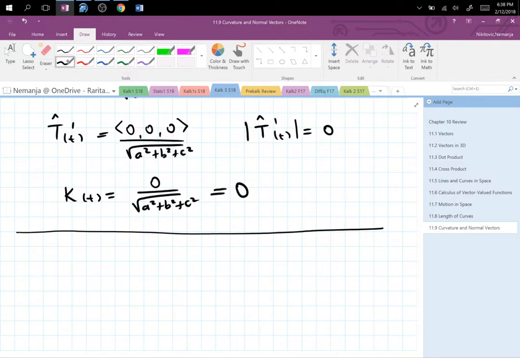So principal unit normal vector. Somehow the title should hint that we are looking for a vector that is orthogonal, i.e. 90 degrees, to the tangent vector, right? So this is going to be just another layer.